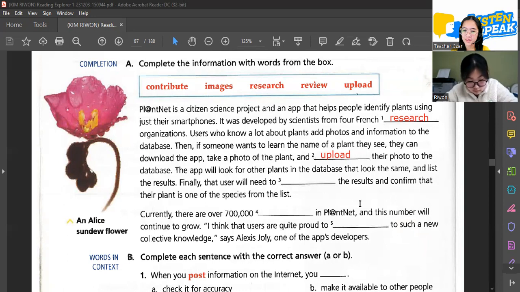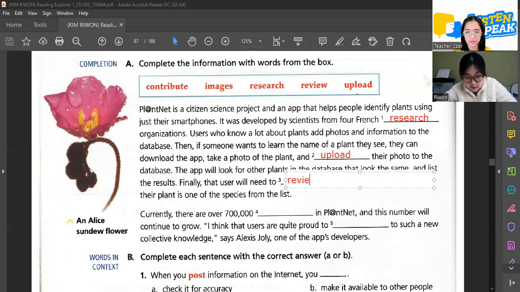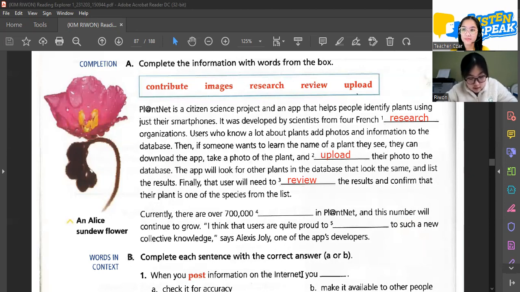What do they need to do to the results? Review. I agree. They are going to review it. Review the results and confirm that their plant is one of the species from the list.